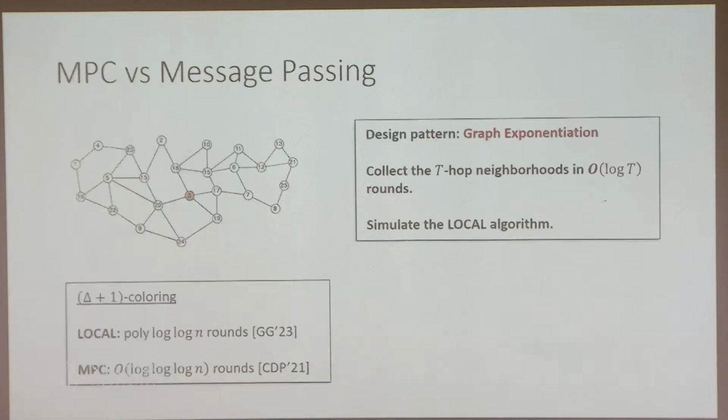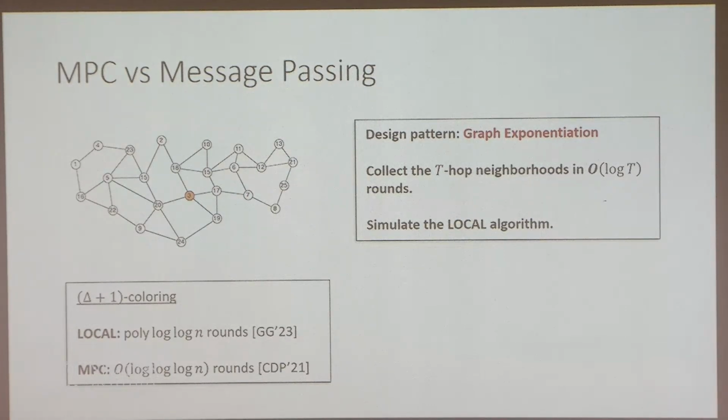Good. And now, this coloring problem that was mentioned a few times in the previous talk, here's a nice example of how to improve from the local model. We know how to solve delta plus 1 coloring in polylog log n rounds in the local model, and in MPC we can do triple log.